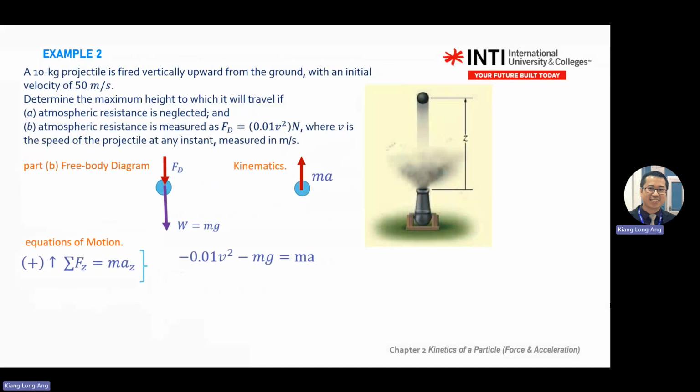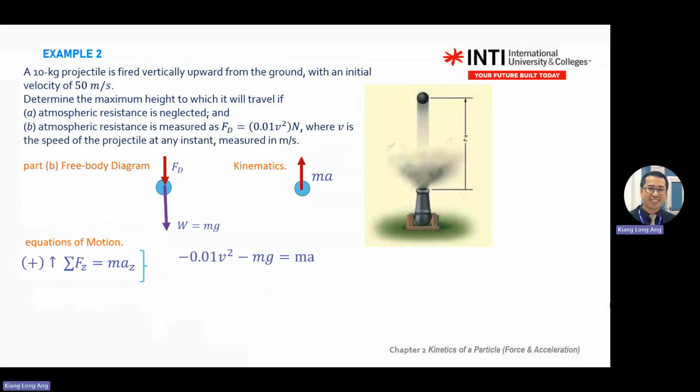So you're given FD in this equation. So minus, again minus because it's going down. Minus FD minus W equal to MA. Now for engineering dynamics, usually we don't substitute values first. We derive the equation first, then only we substitute.